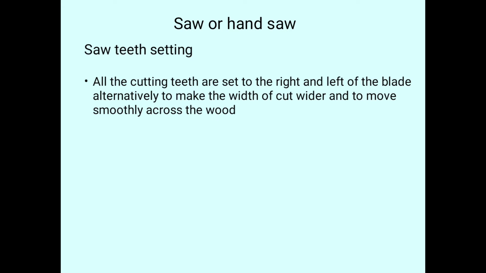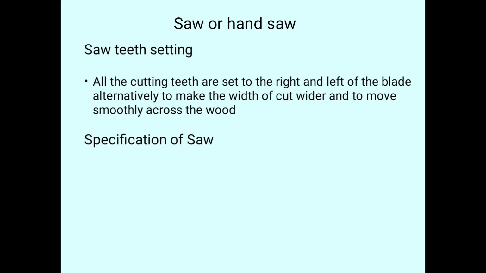All the cutting teeth are set to the right and left of the blade alternately, to make the width of the cut wider and to move smoothly across the wood.